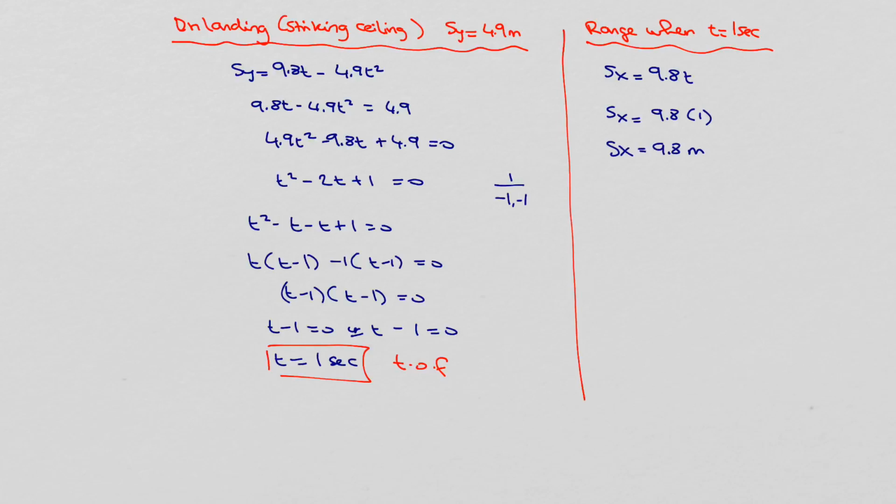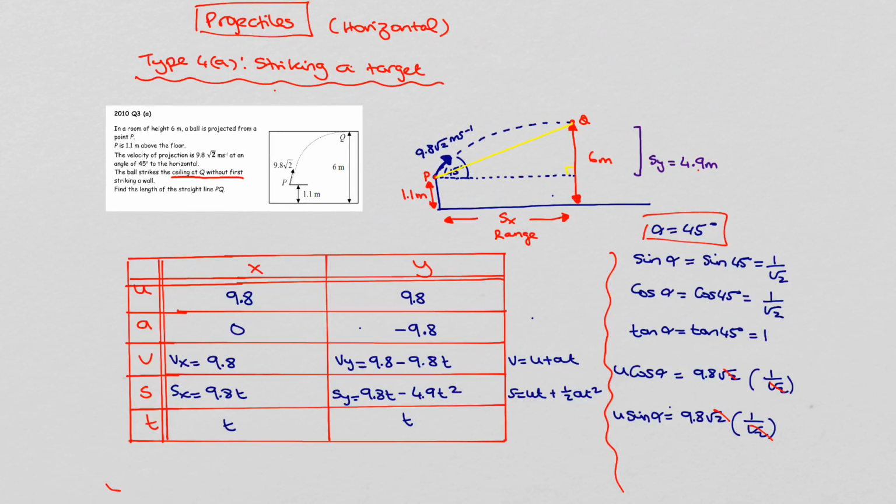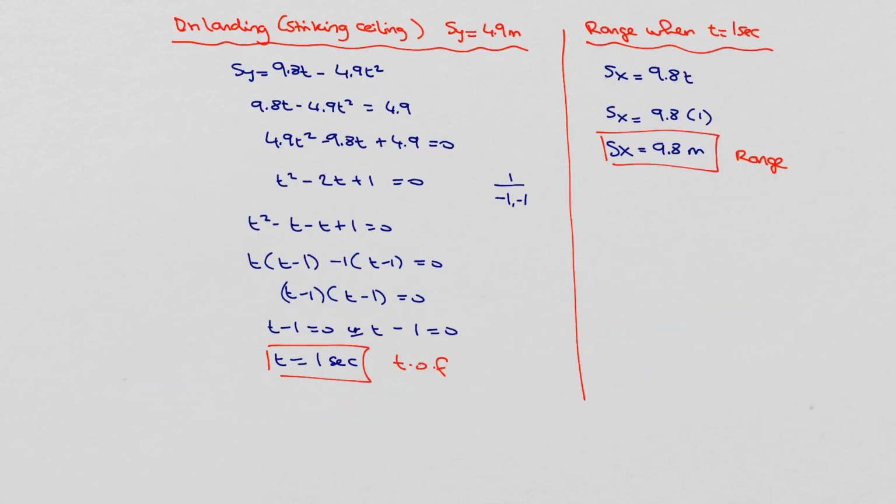So in other words, that's my range. So now we only have one more thing to do. If I go back to the original diagram, we now know the range. We know the height of the triangle is 4.9, so we just have to do Pythagoras to finish to find PQ. So I'll go on to the next page there.